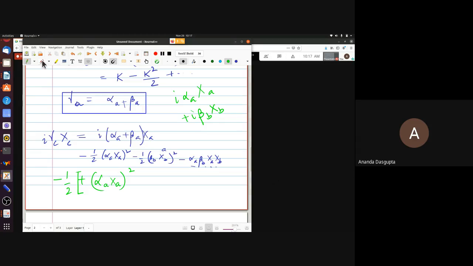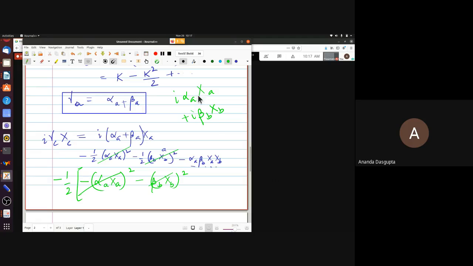Okay, you don't get plus, you get a minus. Sorry. Okay, is this color visible at all? The light green? Yes, sir. Okay, that's fine. So this minus alpha xa whole square minus beta b xb whole square comes from the square of the next term. So as you can see, these terms merely cancel each other out, right?